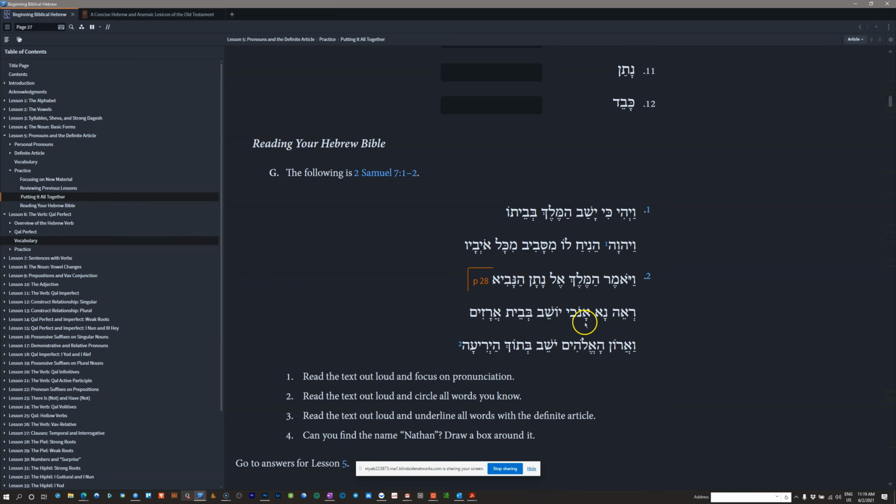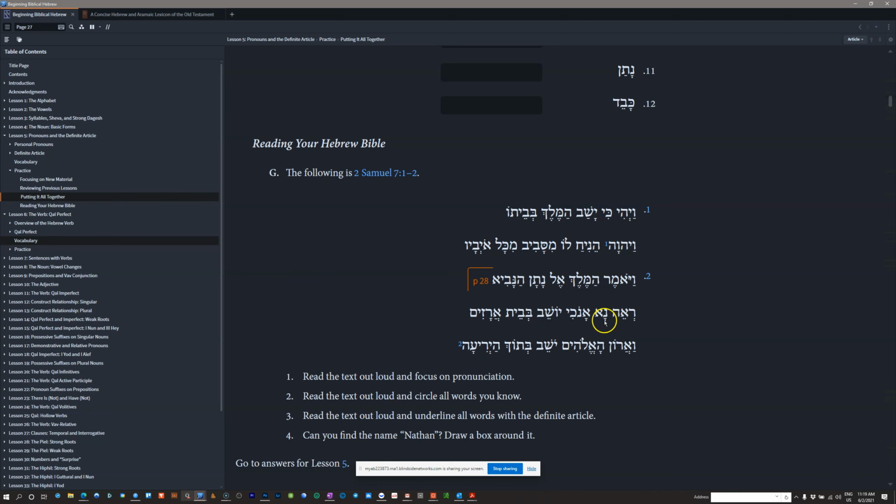Re'e na anochi yoshev bavet arazim. Okay, so re'eh, this is a particular form of the verb to see, and in context this is probably the imperative form.